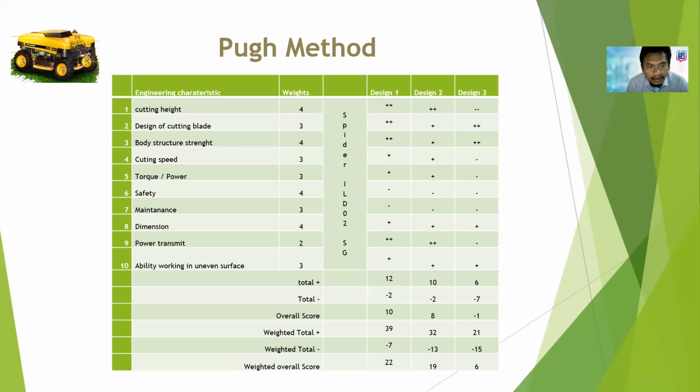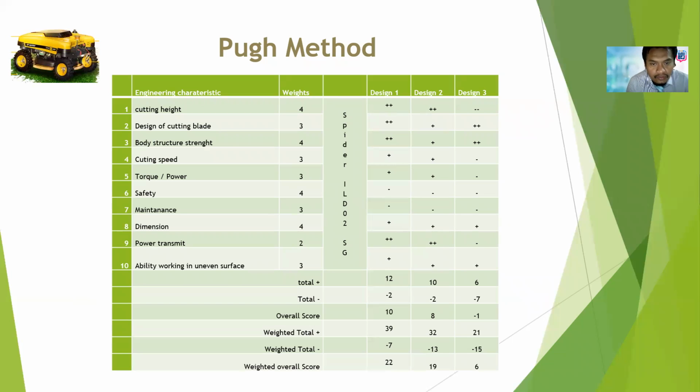We use the Pugh method with the 10 engineering characteristics. The first characteristic is cutting height. Number two, design of the cutting blade. Then body structure strength, cutting speed, torque of the engine, safety, maintenance, dimension, power transmit, and number 10 is ability of working in uneven space.